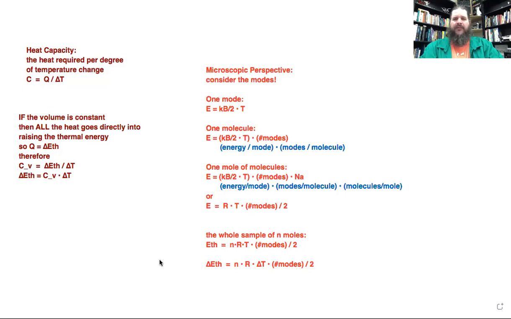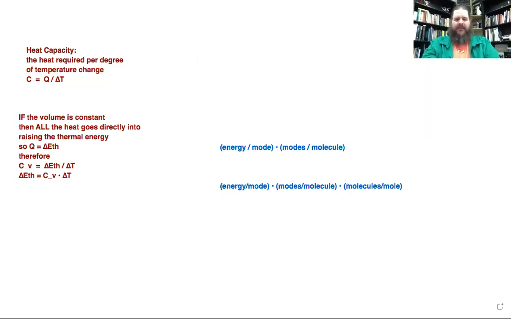But what do you know about number of modes of a gas at cold temperatures versus hot temperatures? They can be frozen out. Yeah, at cold temperatures, some of the modes might be frozen out. At hotter temperatures, those frozen modes might activate. So if you're talking about a very large change in temperature, it's possible that number of modes itself might change. So in that case, you might end up with delta E thermal equals N times R times delta temperature times number of modes over 2.